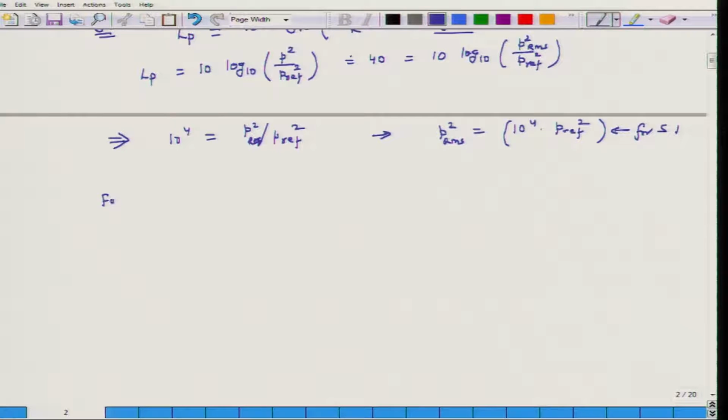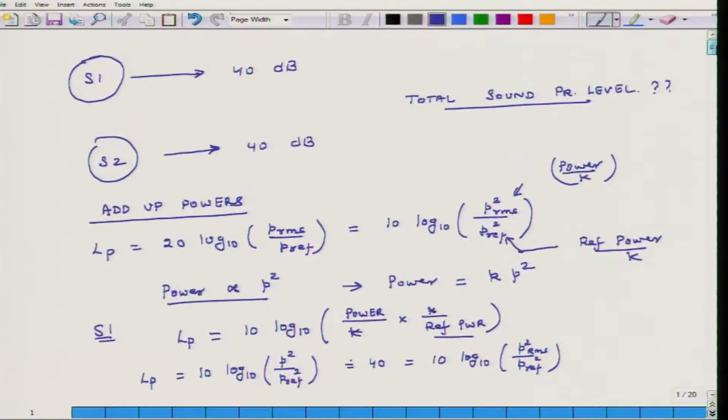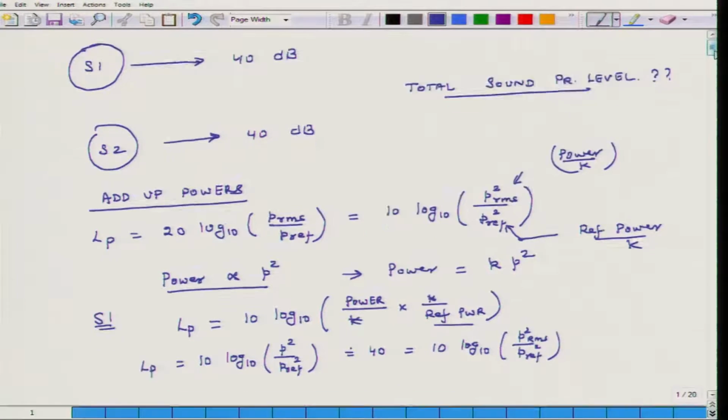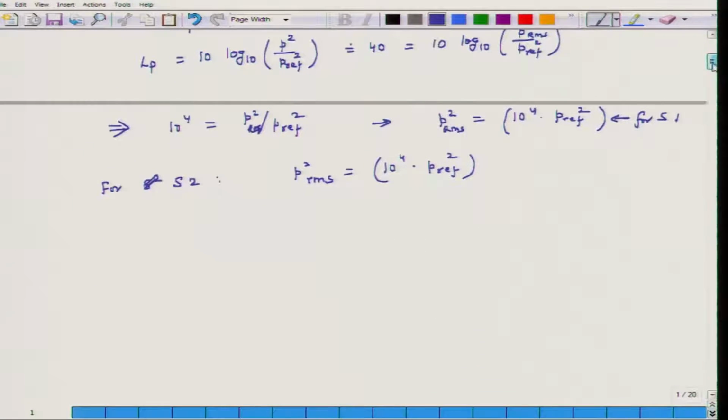Similarly, for S2, P square RMS is also 10 to the power of 4 times P ref square. Why is it the same value? Because initially we had defined that source 1 and source 2 both are producing 40 decibels. So, for source 1, the square of pressure is 10 to the power of 4 times P ref square, and the same thing is true for the second source.